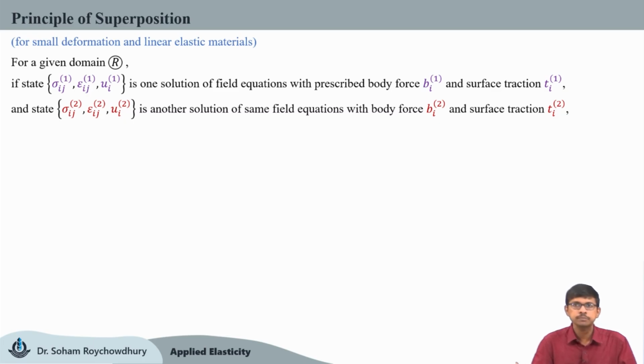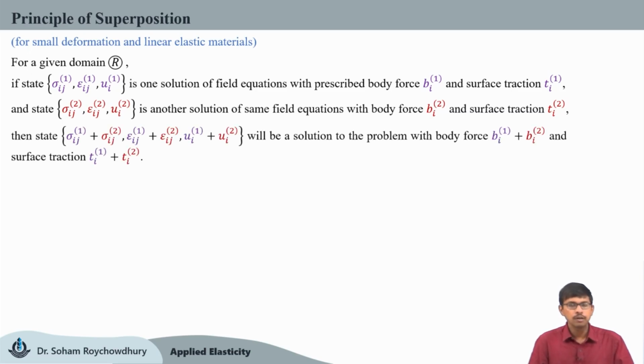With that, the corresponding solution is obtained as sigma_ij^1, epsilon_ij^1, u_i^1. Then the same continuum is subjected to another set of body force and surface traction B_i^2, T_i^2. With that, the obtained solutions are named sigma_ij^2, epsilon_ij^2, u_i^2.